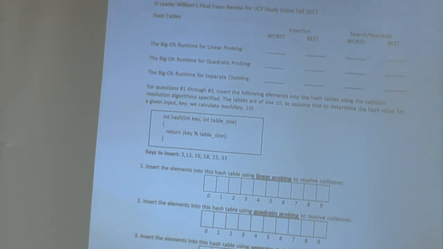Okay? So when we insert into a hash table using linear probing, worst case is going to be order n, where n is the number of items we put in there.